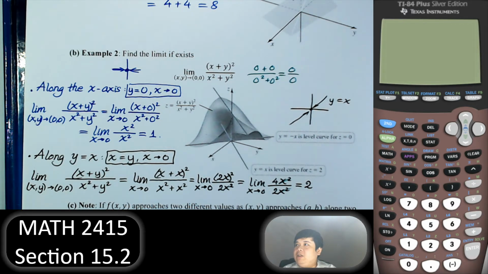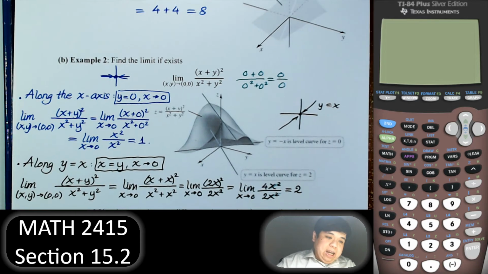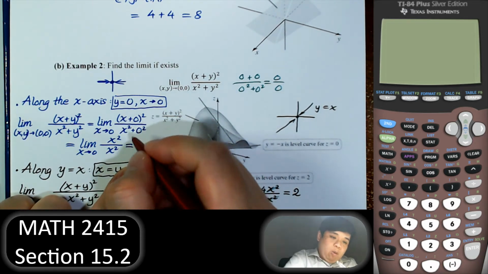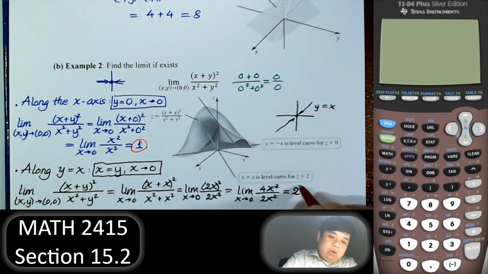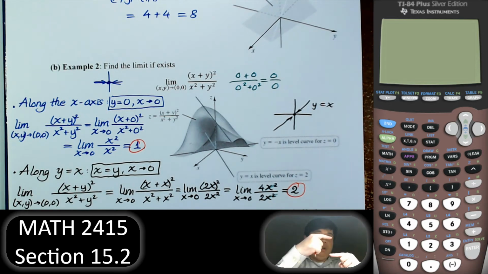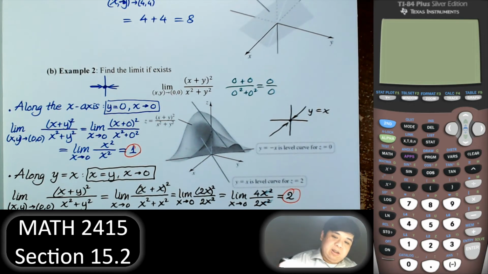Yeah, 2 is there. And this is equal to 1 when we go along the x-axis. So how do we look at this along the x-axis? Like this, parallel to the x-axis, it is equal to 1. Now what we see is if we go along this path, we have 1. We go along the other path, we have 2. So if they don't go to the same point, the limit does not exist.